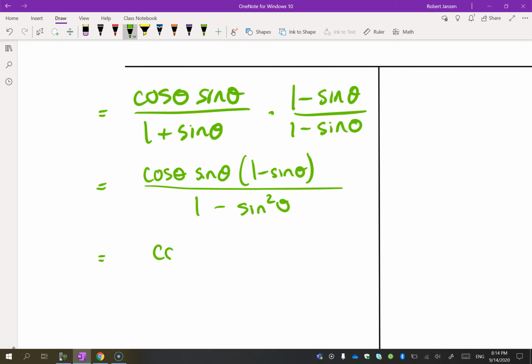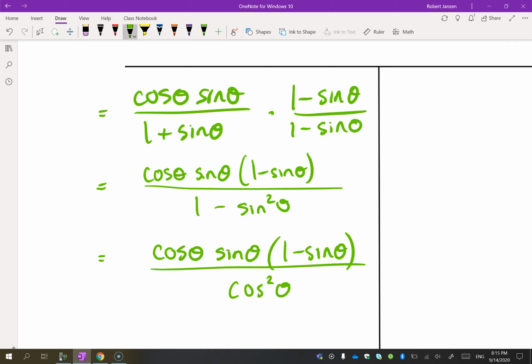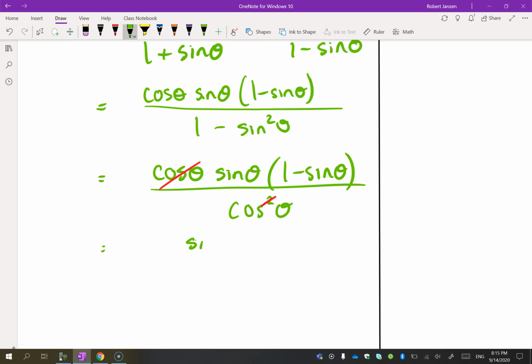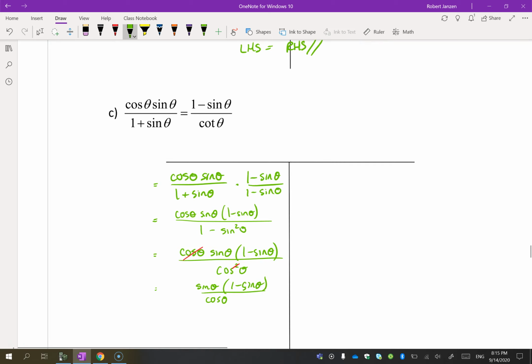Okay. So then, this is cos squared. And now I can cancel out one of the coses. And I'm left with sine times 1 minus sine over cos. Where do I want to end up? I want to end up with cotan.